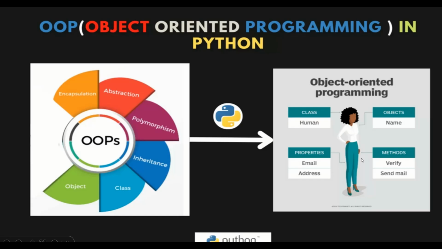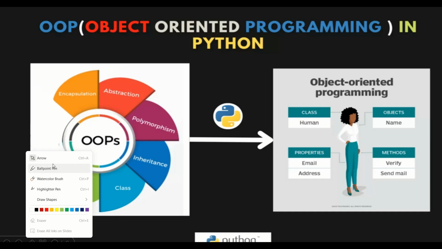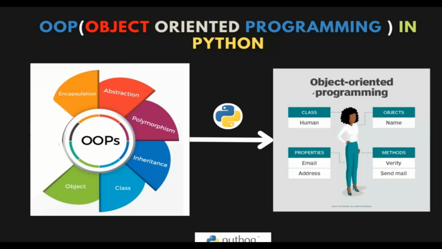So guys, first, this is our pen, and this is a human. Okay, and this human is called a class, and its name is called an object.